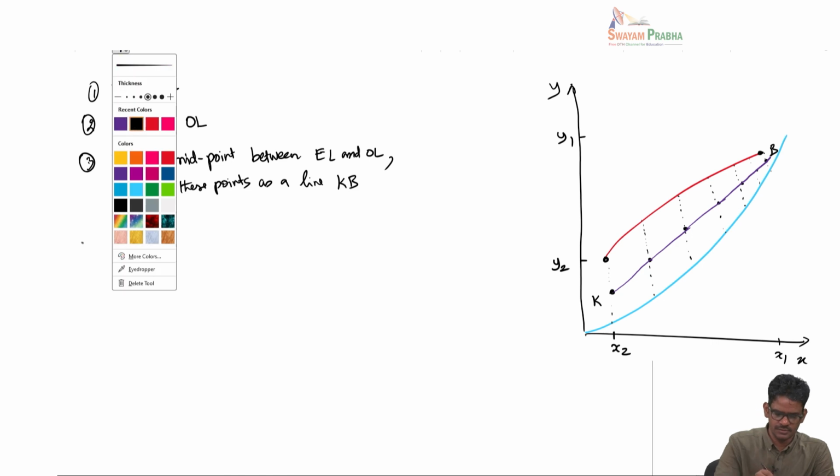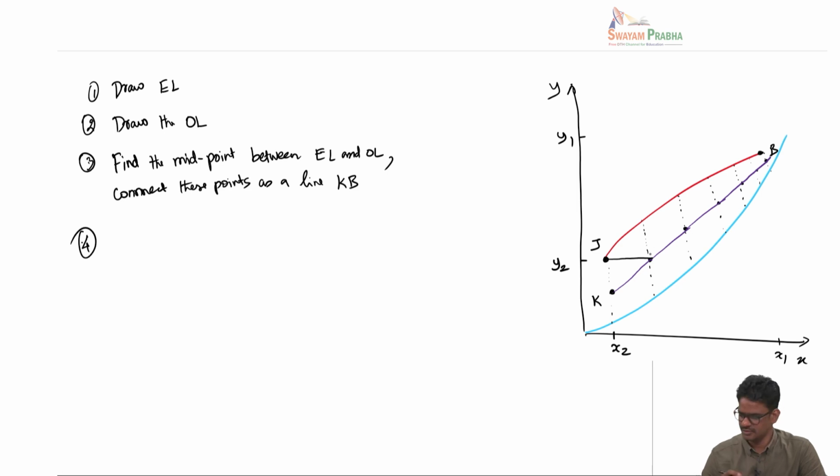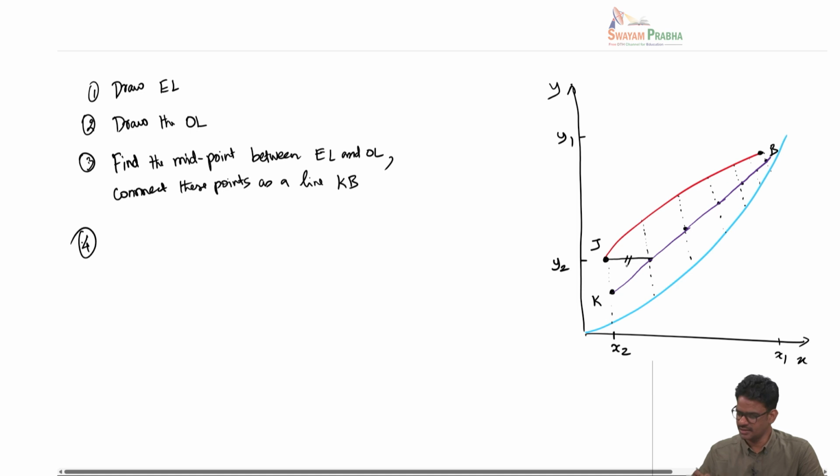Step 4. Let's say this point is J. That's an end point. From J you go horizontally to the line KB, you measure this distance, and then extend the line further by an equivalent distance, and I find this point L, such that the lengths of this segment and this segment are the same.